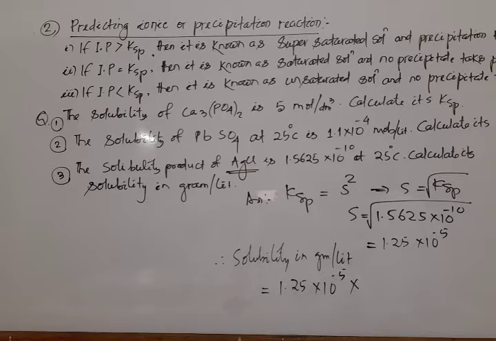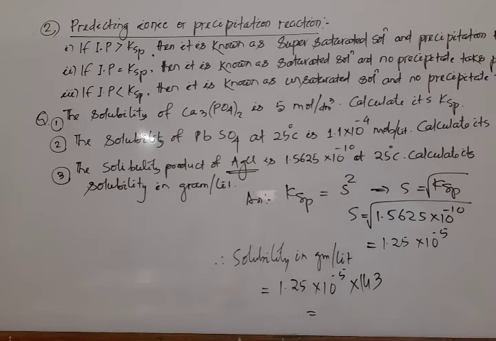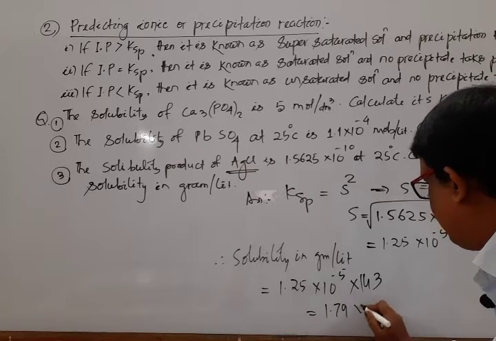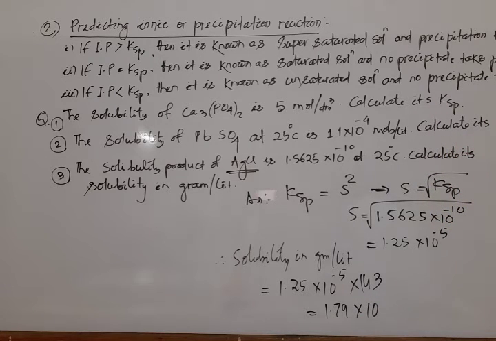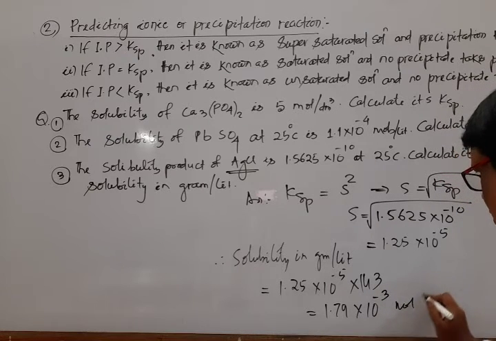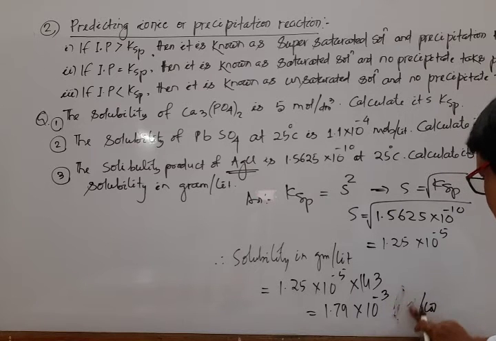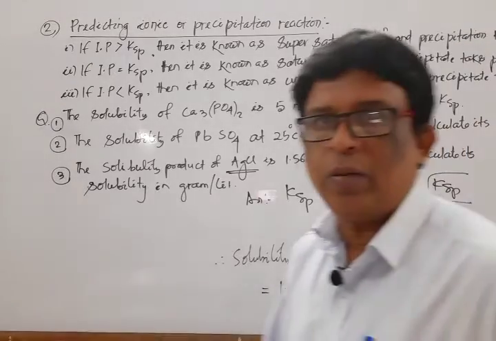On multiplying this, the answer is nearly equal to 1.79 into 10 to the power minus 3. It is moles per liter. It is 1.79 into 10 to the power minus 3 grams per liter.